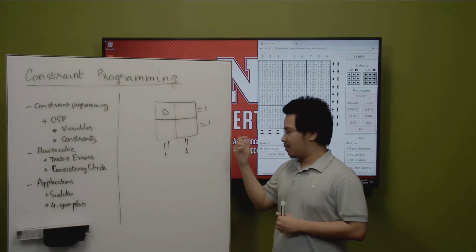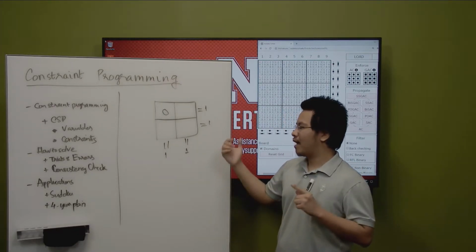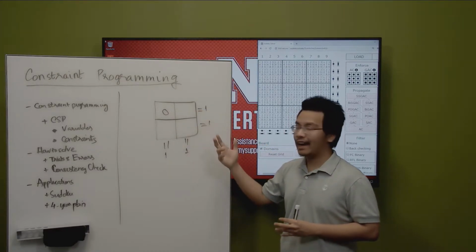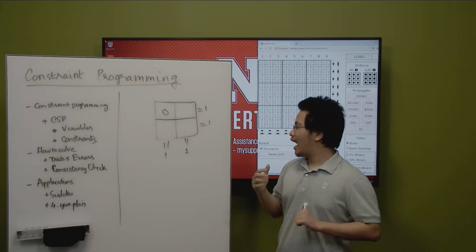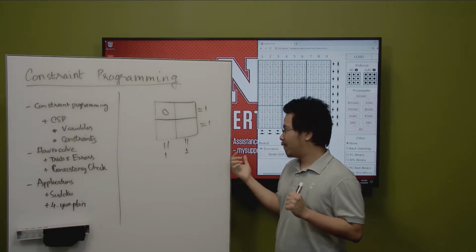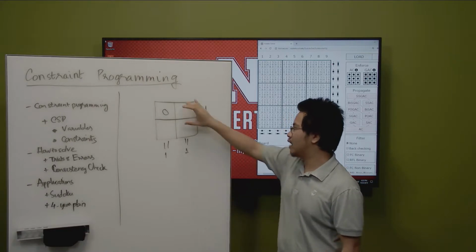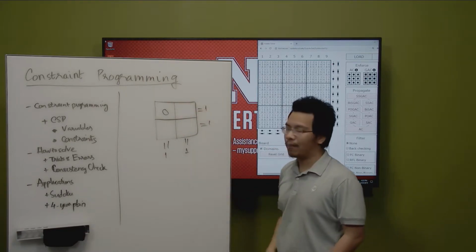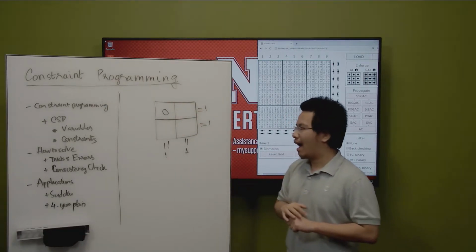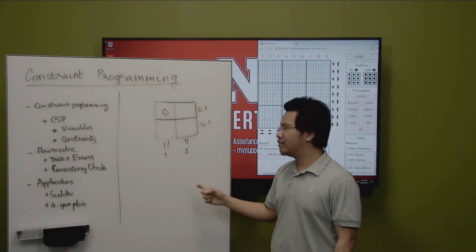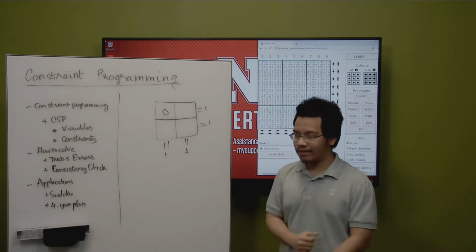So in this example, our variables will be the 3 cells that are missing values. Our domain will be 0 and 1, and the constraint will be that the sum of each row and column is 1. Okay, how can we solve this problem using constraint programming, or how can we solve a CSP in general?